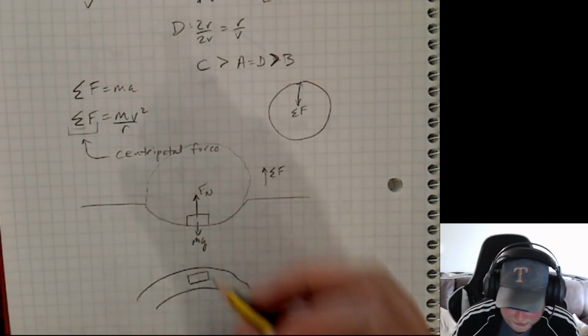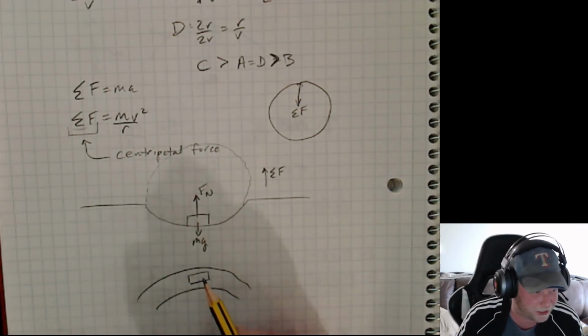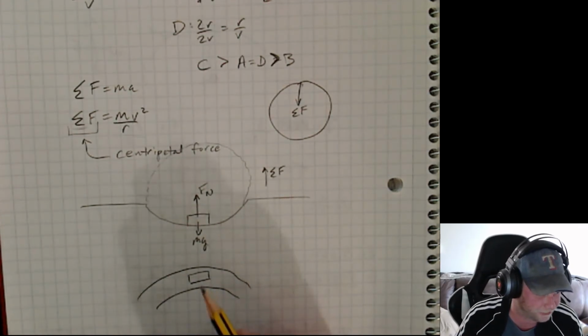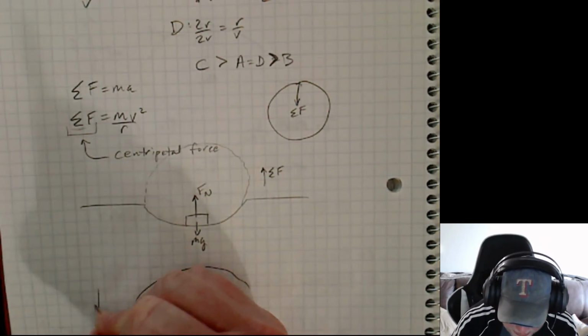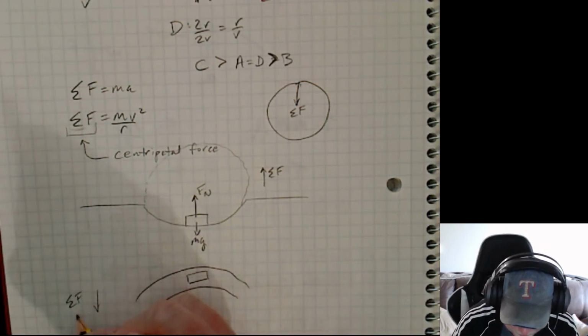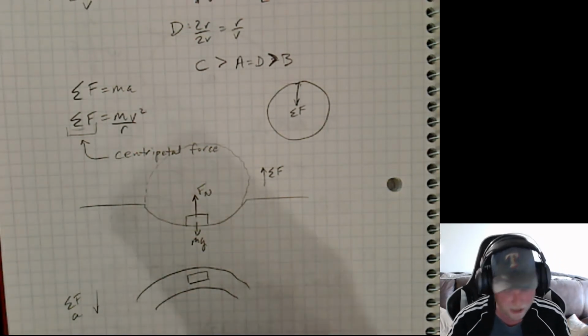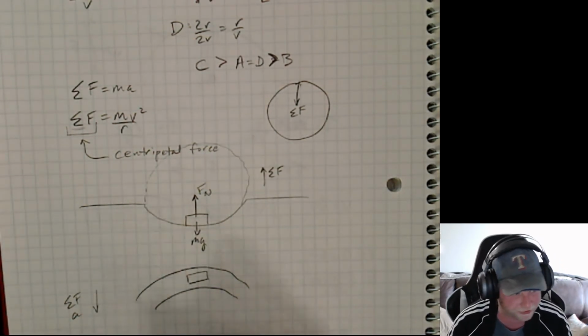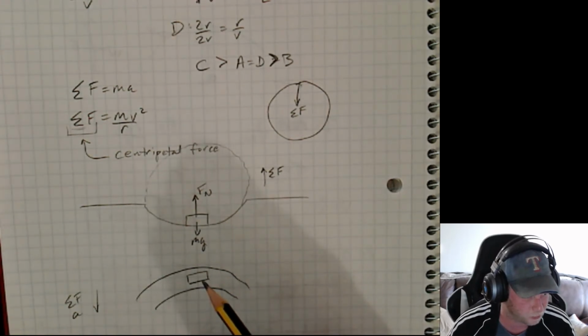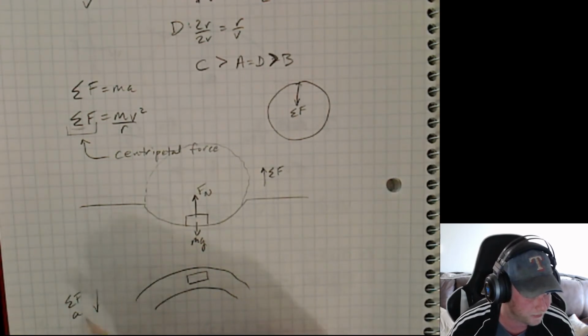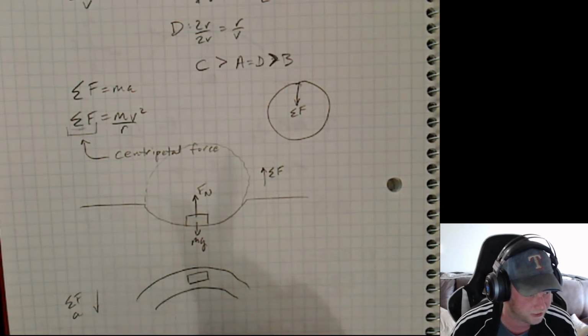In this case, it can't be gravity or the normal force, because those are vertical forces, and both the net force and the centripetal acceleration are directed towards the center of the circle. So any vertical force won't contribute to the actual acceleration.